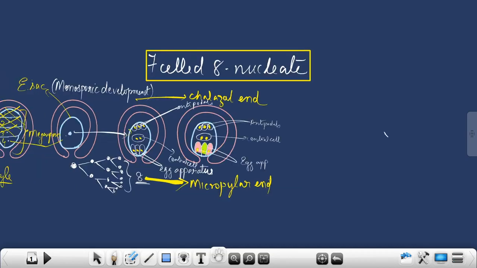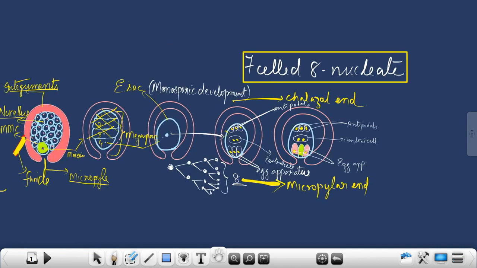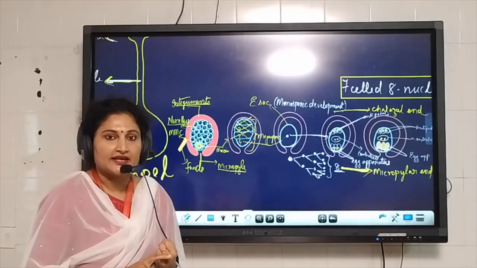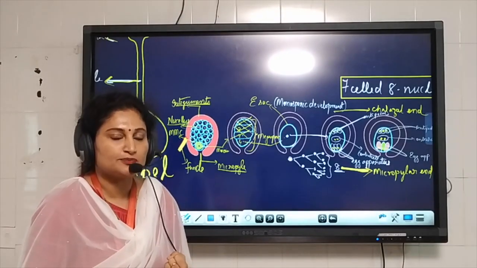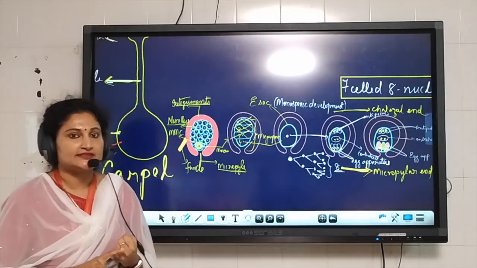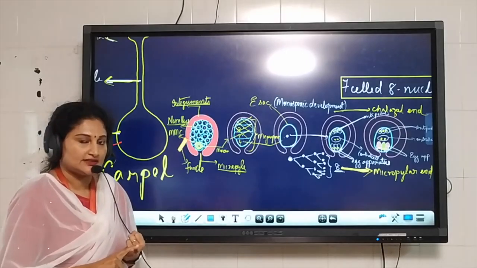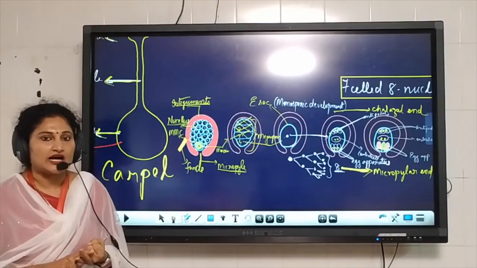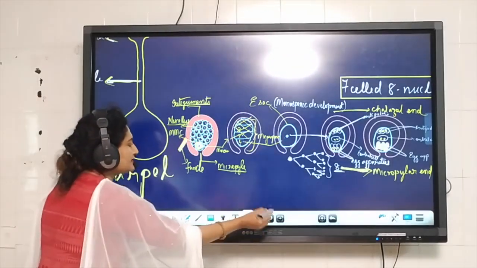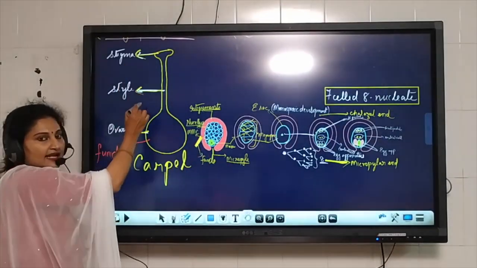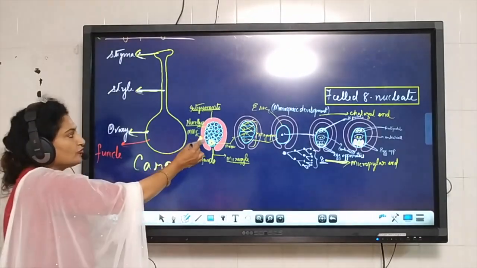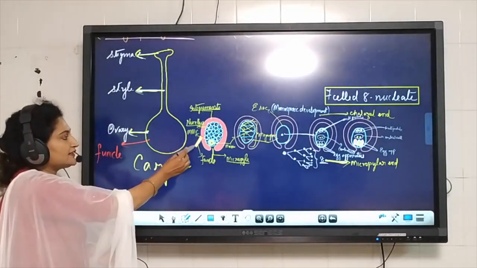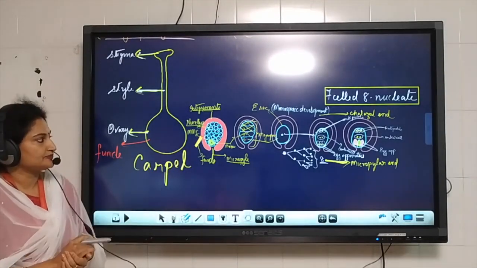So once again, a quick recap of megasporogenesis. What is megasporogenesis? It is the development of megaspores from the megaspore mother cells by meiosis. Your second point, a brief description of the carpel. The carpel comprises the stigma, style, and ovary. And within the ovary, the ovule is located. The ovule is connected by a stalk called the funicle.